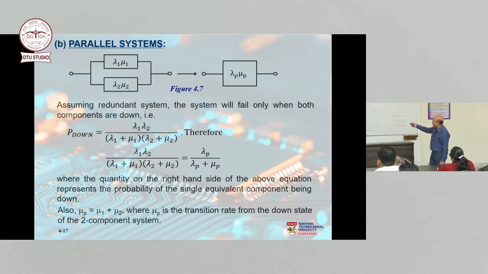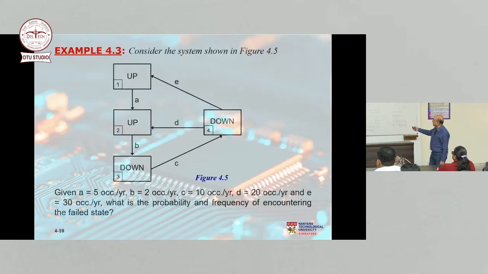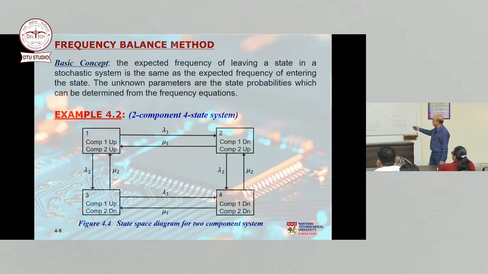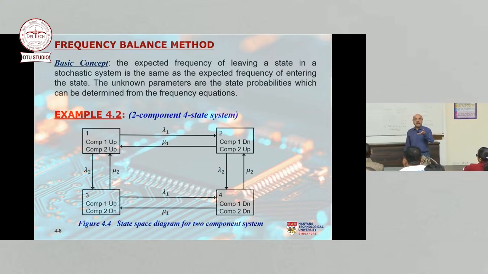And then what else can we write? What is the probability of being in the down state? Let's go back to that diagram. What's the probability of being here? The probability of being here is the probability that component 1 has failed multiplied by the probability that component 2 has failed. And what's the probability of failure? It is lambda over lambda plus mu. The probability of being up is mu over lambda plus mu.